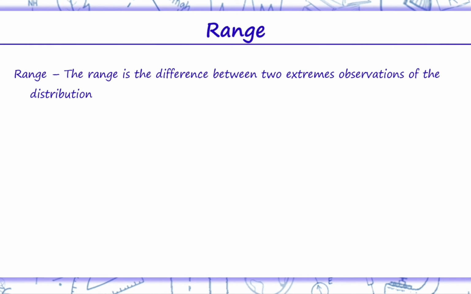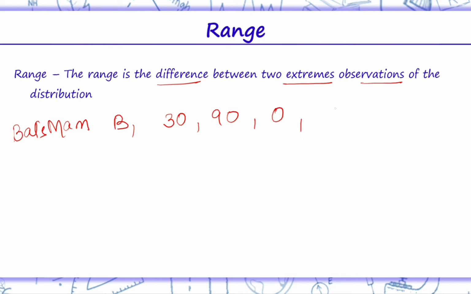Starting with range, range is basically the difference between the two extreme observations of the distribution. Let's suppose I am provided with one observation, that is batsman B1. He scored 30 in the first match, 90 in the second, 0 in the third, 64 and so on, 42, 80, 35, 117, 71.